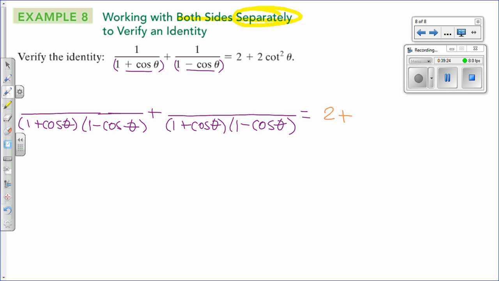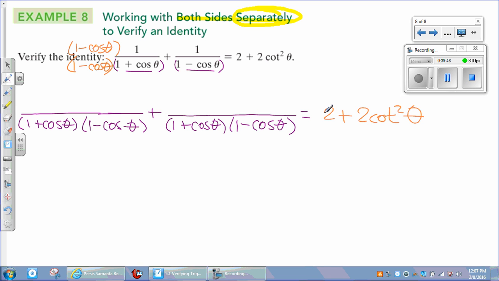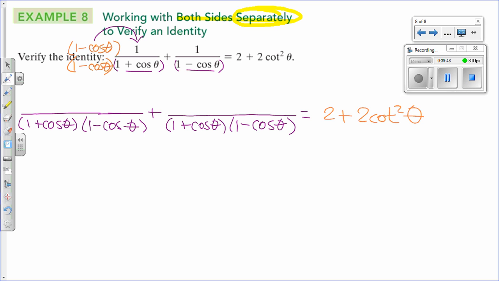I'm not going to work this problem on the left side the whole time. There's going to be a point where I'm going to stop, and then I'm going to work on the right side. So just to continue here, the first fraction we need to multiply top and bottom by 1 minus cosine theta. And so that times 1 is just 1 minus cosine theta.